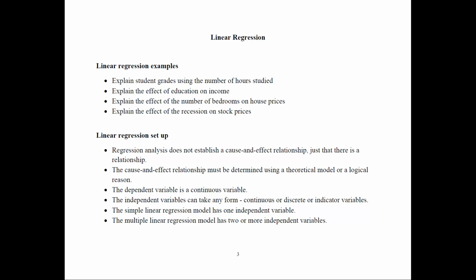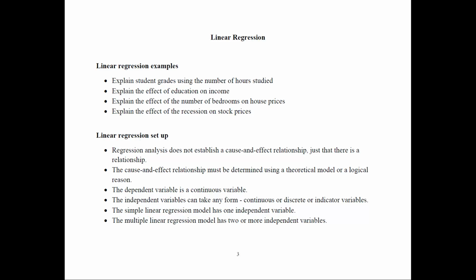So for example, if you regress, say, stock prices on whether or not we have sunny weather, and it turns out that there is a positive correlation, but you can't say that sunny weather necessarily causes stock prices. So the cause and effect relationship must be determined using a theoretical model or logical reason. And this is a hypothesis that that's how the variables would be related.